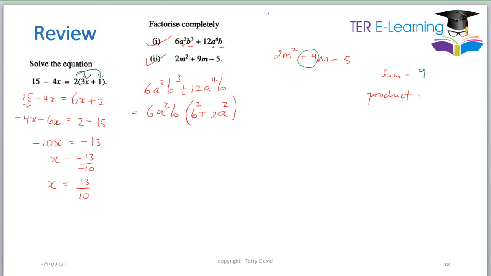In this case, the product will be this multiplied by this. So that is 2 multiplied by minus 5, which is minus 10. So I want to get two numbers whose sum is 9 and whose product is minus 10. Right? So can somebody answer that for me?